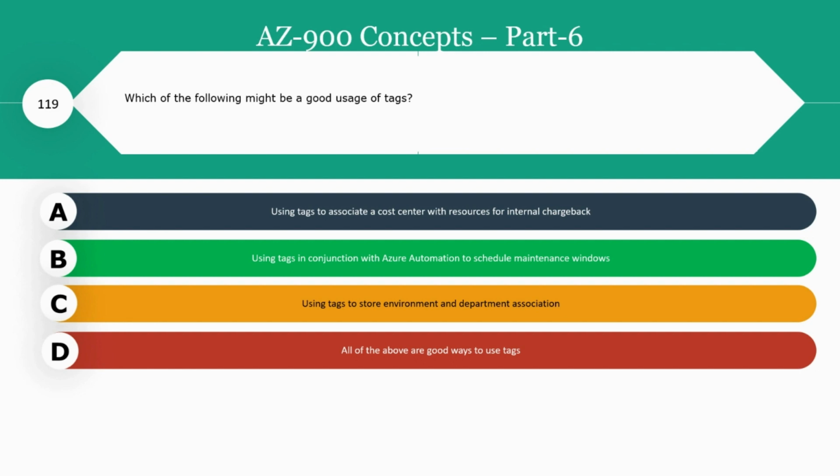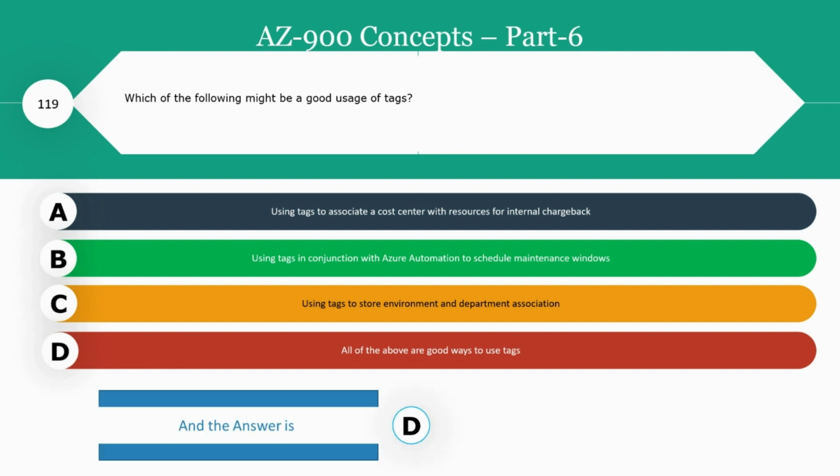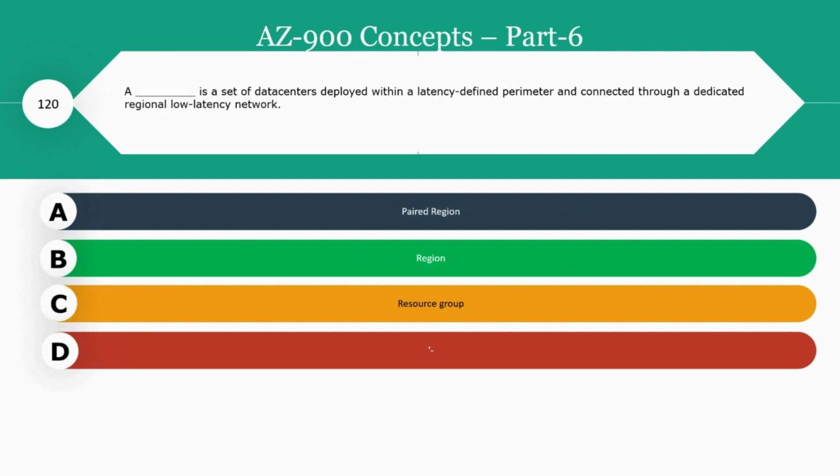Option D, all of the above are good ways to use tags. The right answer for this question, as we have seen in the previous slides, is option D. That is, it is used for easy management of resources, doing cost calculation, and then performing automation and many more operations using tags.